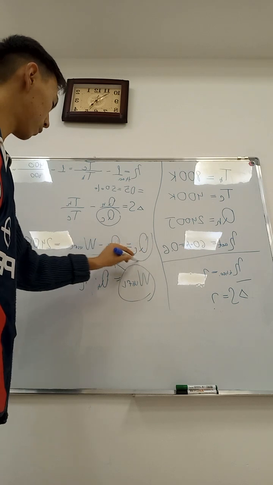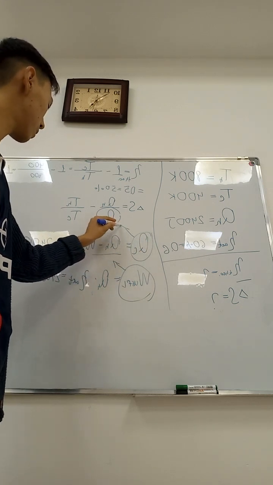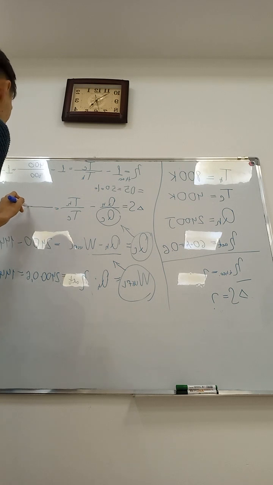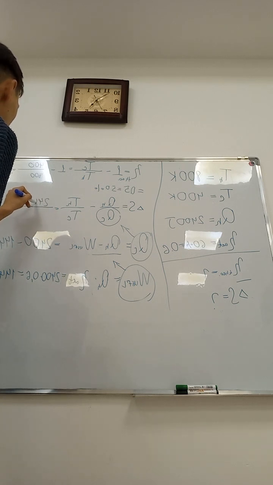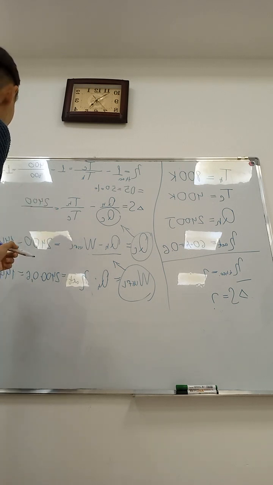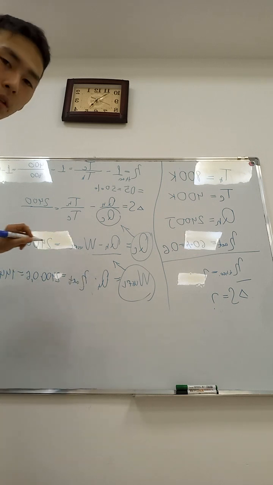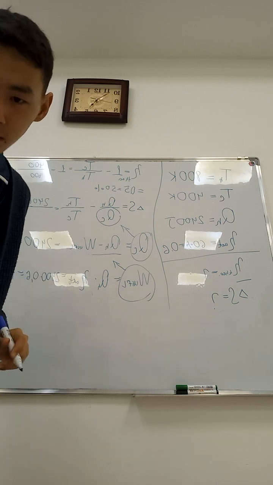We find Q cold and put it here. Okay. It's 2,400.